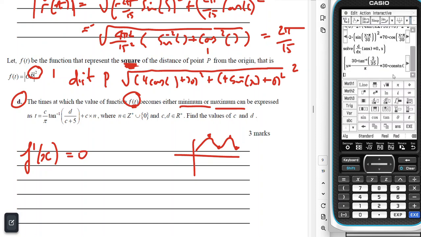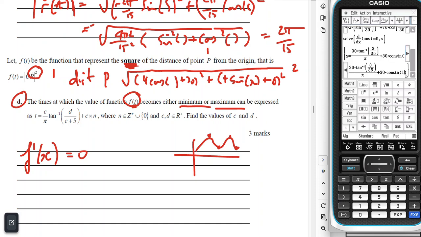And I get that, which tells me, if I take this answer and put it into a new line, and I get rid of all of that and just use the term n for my constant, I have c, which is 30, and d, which is 3, and c, which is 30 plus 5.